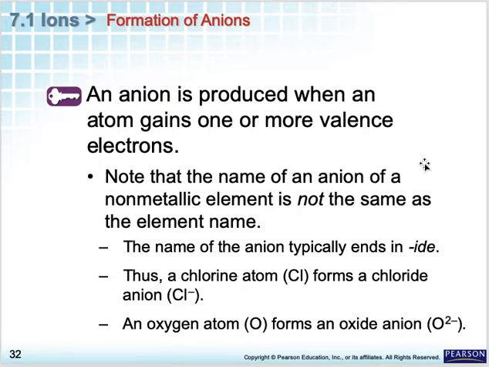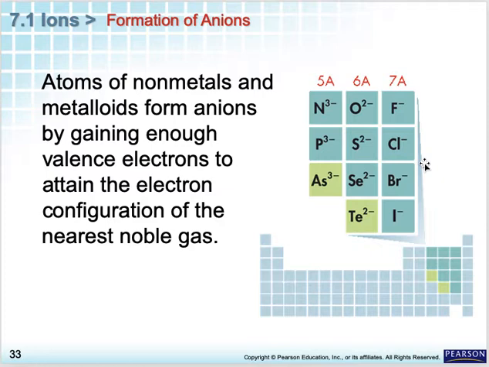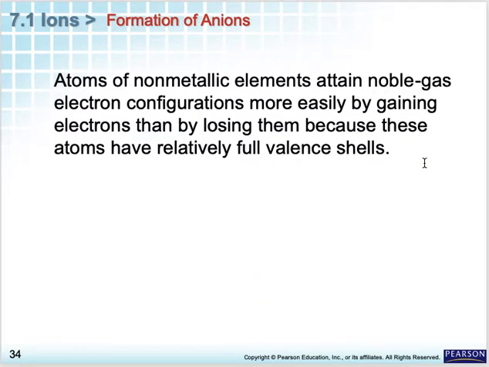And nonmetals never have a Roman numeral. That's only for transition metals. So, the nonmetals that you really need to know are listed here: nitride, phosphide, arsenic, oxygen, sulfur, selenium, tellurium, fluorine, chlorine, bromine, iodine.